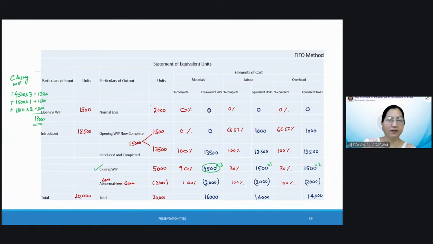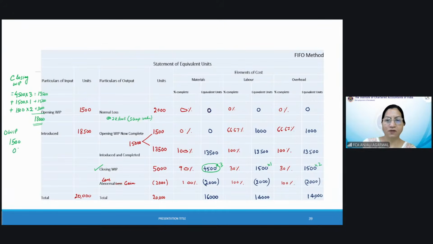Normal loss will appear in the process account at 0. However, it has realized at the rate of 2 rupee per unit, right? Scrap value. So 4,000 will appear in the normal loss account. Opening WIP. How much effort did you require to complete opening WIP?